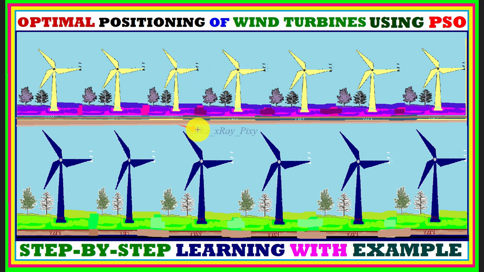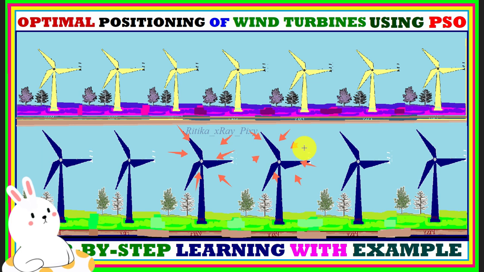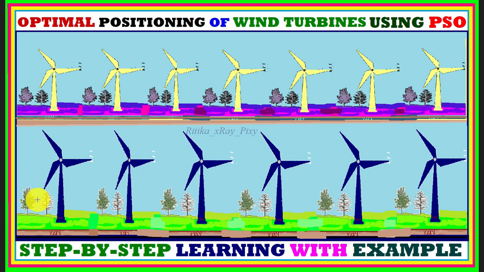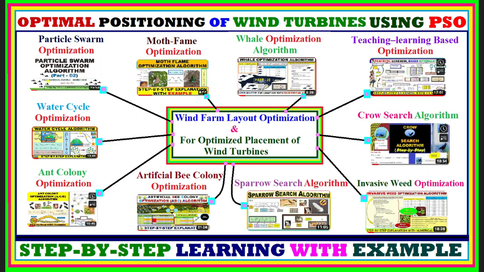In the second scenario, wind speed is constant, but we have different wind directions. In the third scenario we have variable wind speed plus variable wind directions. So different cases affect the overall performance of the wind farm power production.